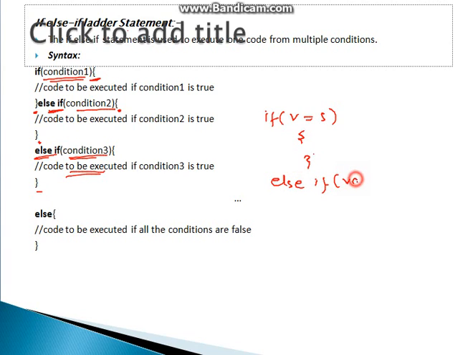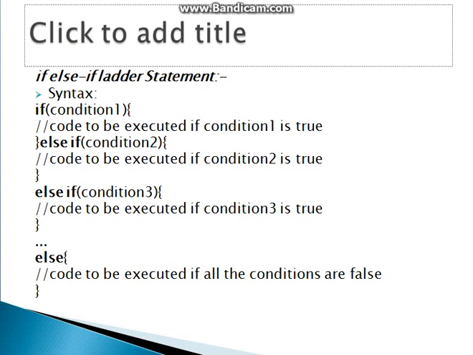Else if another value is equal to Tuesday, then print Tuesday. Another else if, value is equal to Wednesday, print Wednesday. Else if can continue until all the conditions are covered. So this is the else if ladder.